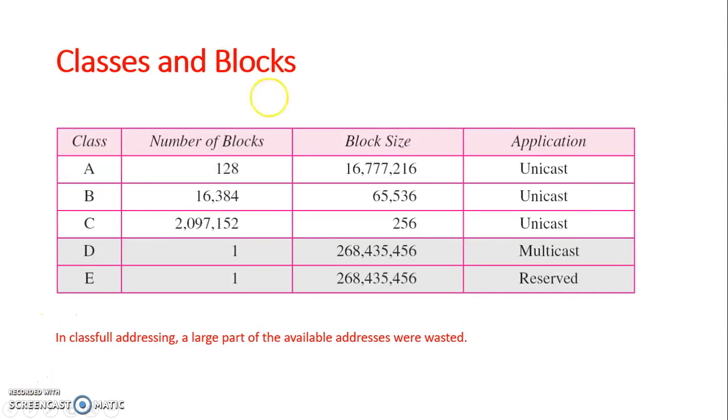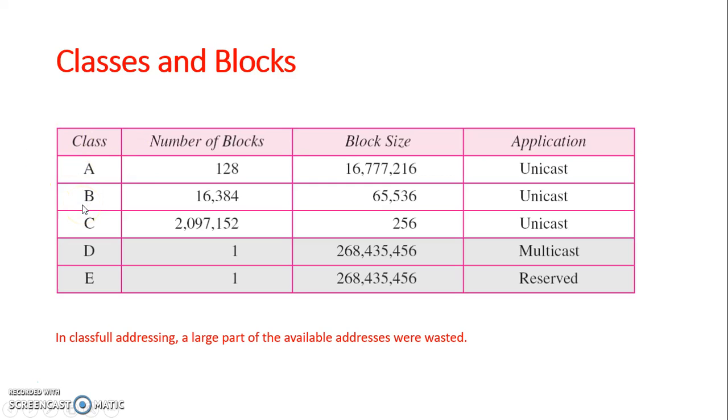Now let's see the classes and the blocks. The problem with classful addressing is that each of the 5 classes is divided into a fixed number of blocks, and each block has its block size. That is, in classful addressing, the larger part of the available addresses were wasted. Class A addresses are mostly used for large organizations, like attaching hosts or routers.